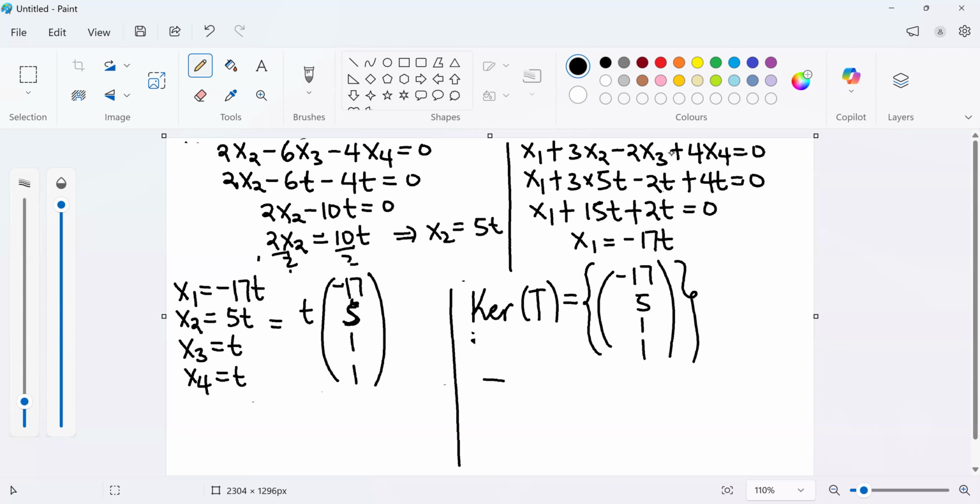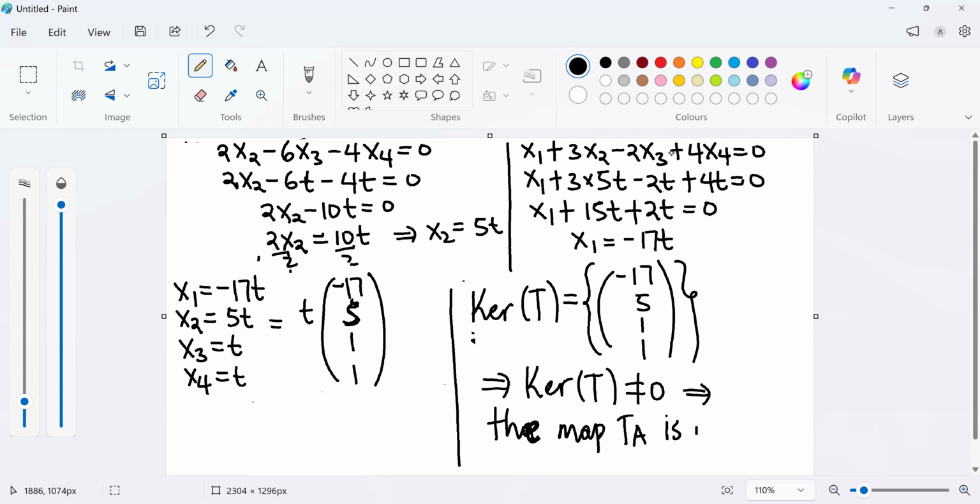So this should imply that kernel of T is not 0, implying that the map TA is not 1 to 1. It's not 1 to 1.